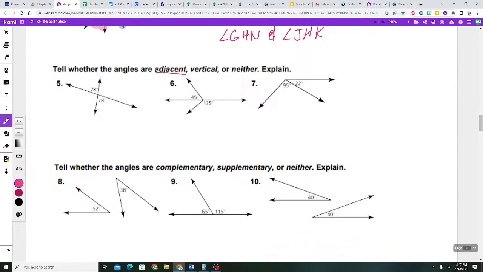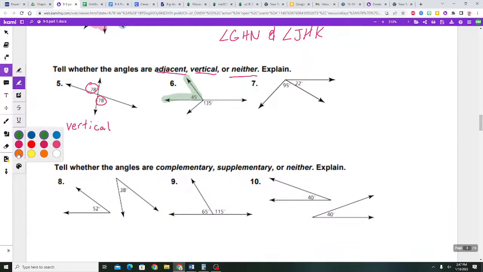We're going to tell if things are adjacent, vertical, or neither. So if we look at this first set, this sure looks like an X, and moreover, 78 equals 78, so these are vertical. Over here, these two angles are not adjacent because, let me just show you why, here's the angle that's 45, and here's the angle that's 135.